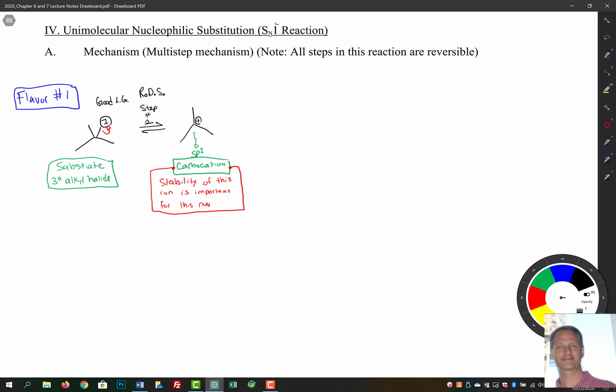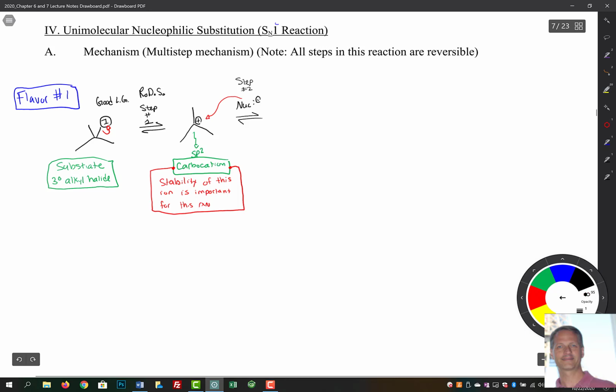Right, now, what happens next? Step number 2. So step number 2, we're going to have some type of nucleophile come in. So for this, I'm just going to write Nuc, and we'll just put a minus right there. And let's make a note here that this is step number 2. So then our nucleophile comes over here and makes a bond with that carbon.